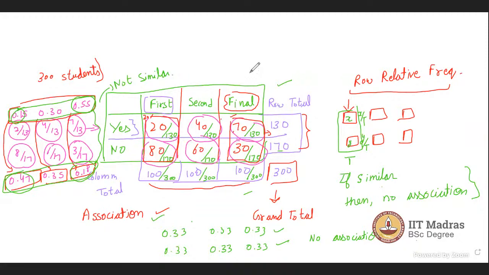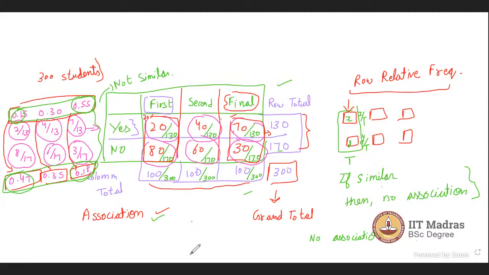Okay, before that, for the row relative frequencies, what is the summary you are telling? Ownership of the credit card between years has an association. That's the summary statement, is it? Yeah, there is an association if you are studying in first year, second year, final year. Now let's step into the column relative frequencies.